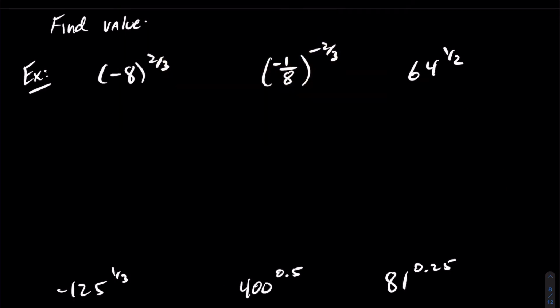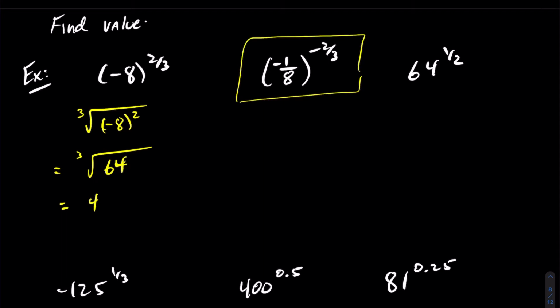All right, let's look at our first example here. Writing this in radical form, this would be the third root of -8, the entire expression squared. Well, that's going to be the third root. -8 squared is going to be 64. And now I need to think of a number that I multiply by itself 3 times to get 64. And that number is 4. Okay, likewise, let's try the next one here.